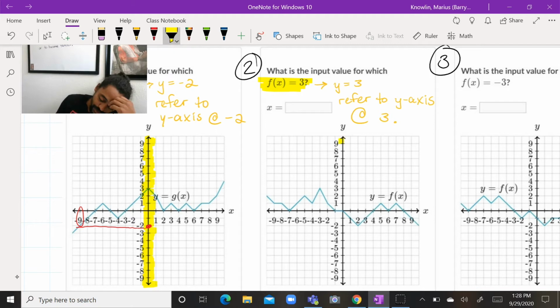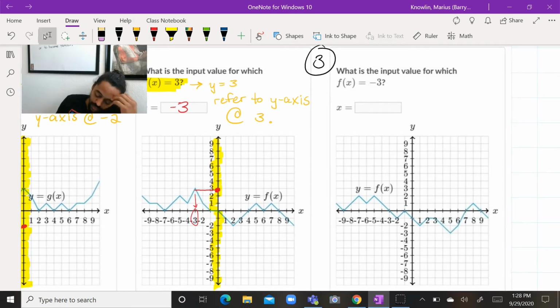And let's make sure we keep our focus on the y-axis at +3, which is right here. And to get to the function f, we need to go to the left. So there it is, and then I'm just going to go down to see where that meets up, which is at -3. So when x is -3, y is +3.